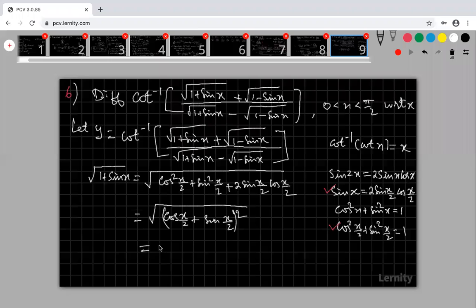So therefore, I will get only cos x by 2 plus sin x by 2. So this is the value of root of 1 plus sin x. Are you clear? Are you okay? My root of 1 plus sin x value is cos x by 2 plus sin x by 2.